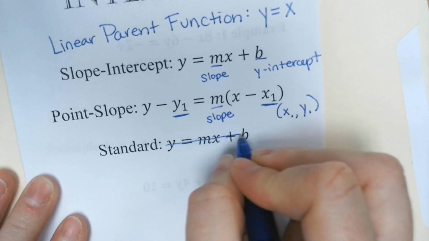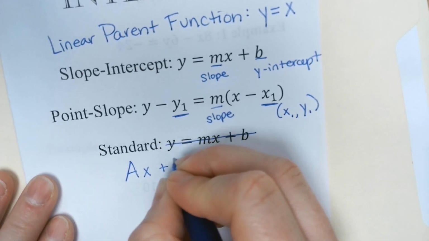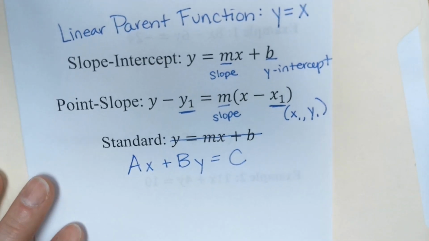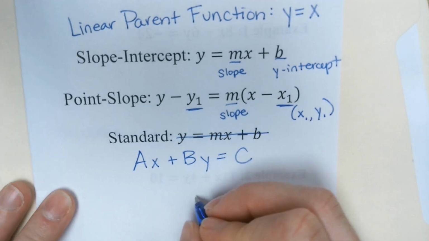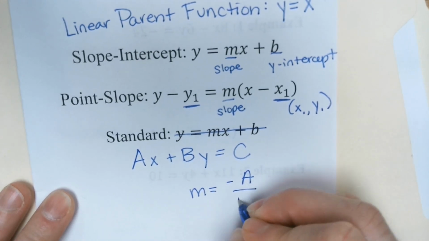Standard form, this one's written wrong, it was a typo. Standard form is ax plus by equals c. So it's rearranged so that x and y are on the same side. And our slope actually comes from negative a over b.